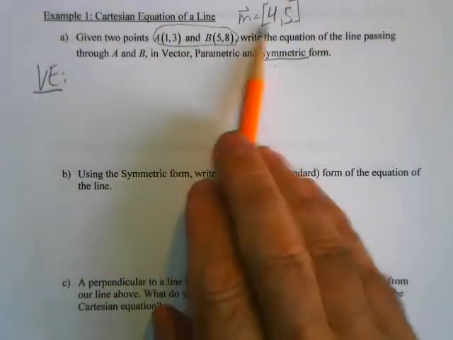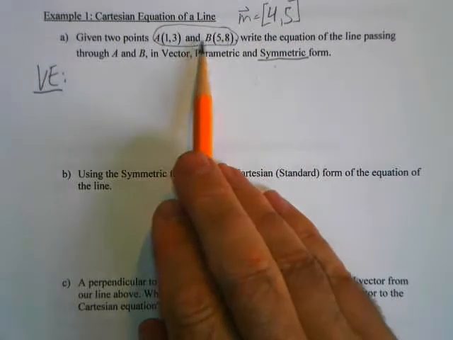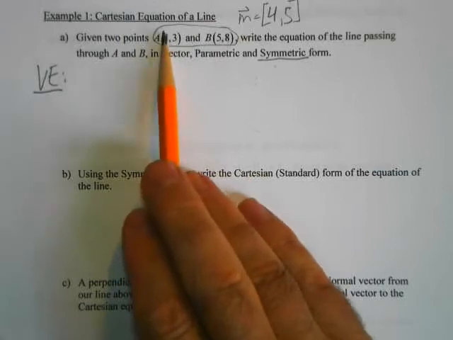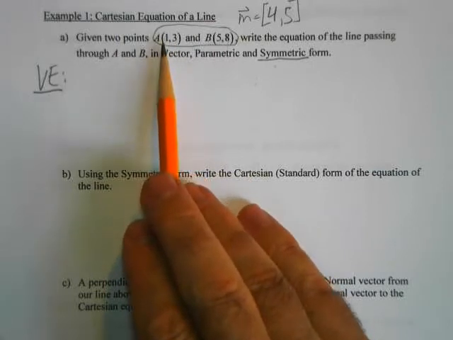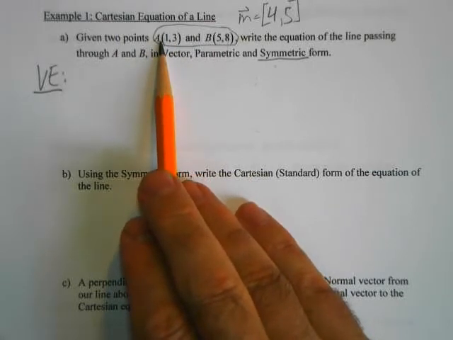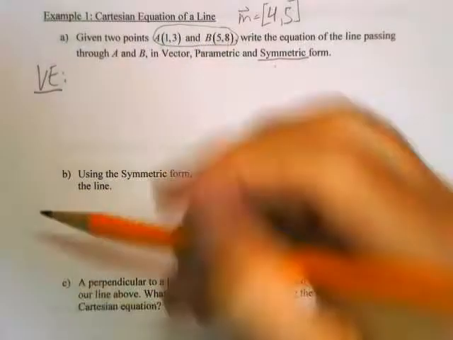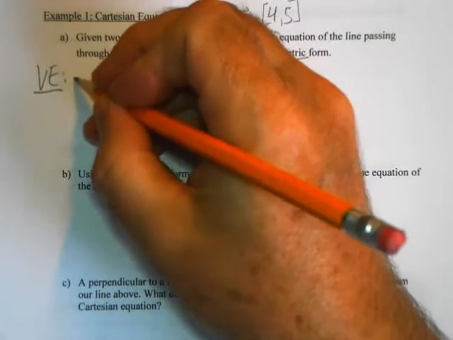So I know the direction vector that's used between those 2 points. I also know two position vectors that go to 2 points on that line, because they gave us A and B already. So the vector equation is going to be pretty straightforward.